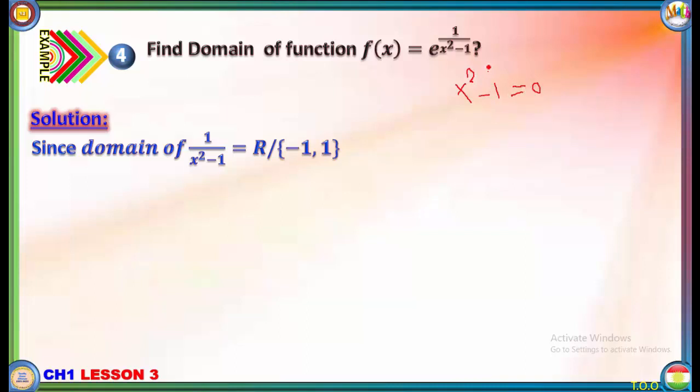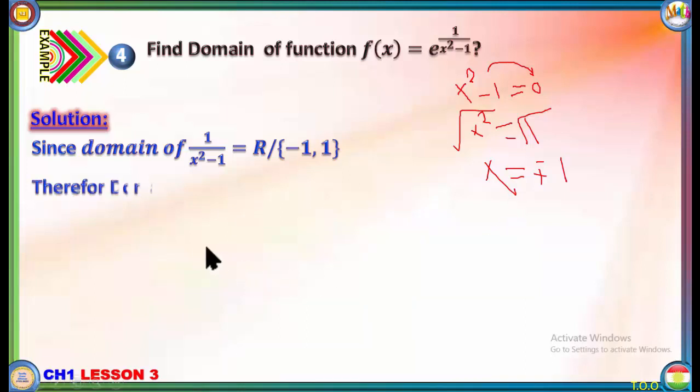Then taking 1 from left to the right, x squared is equal to 1. By taking the square root of both sides, x is equal to plus or minus 1. That means all real numbers except -1 and 1.